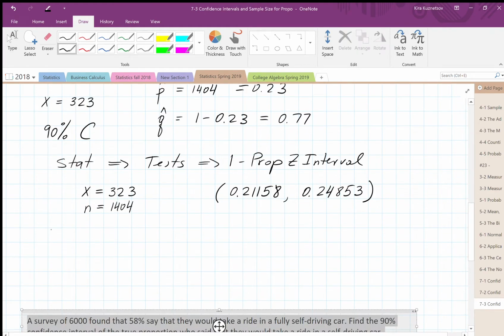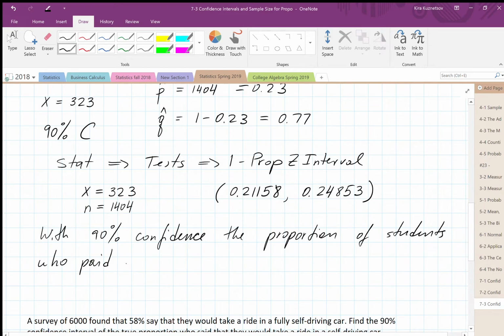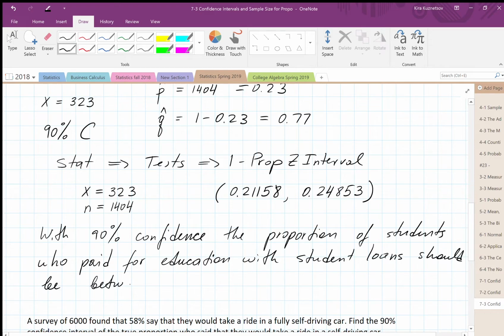So, sentence. With 90% confidence, the true proportion of students who paid for education with student loans should be between 21.158% and 24.853%.